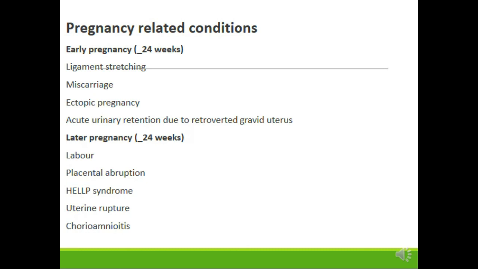In early pregnancy, the abdominal pain may be due to ligament stretching, miscarriage, ectopic pregnancy, or acute urinary retention due to a retroverted gravid uterus. In later pregnancy, more than 24 weeks gestation, abdominal pain may be due to labor, placental abruption, HELLP syndrome, uterine rupture, and chorioamnionitis.